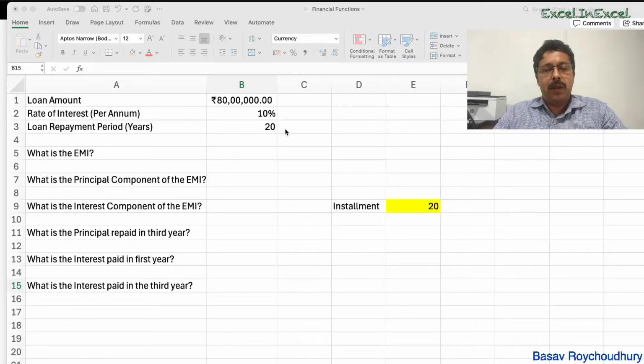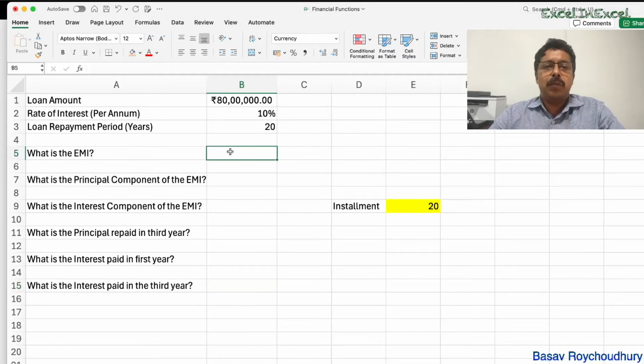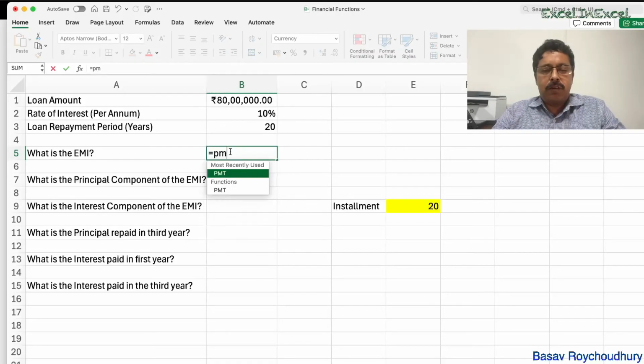Now PMT, the function PMT, is something which gives me the amount of a periodic payment. Remember, when we talked of the argument, we said PMT is a periodic payment. So the function PMT helps us calculate a periodic payment. So when I'm talking of EMI, EMI is a periodic payment, and therefore, if I want to calculate how much is the EMI, I can use the function PMT.